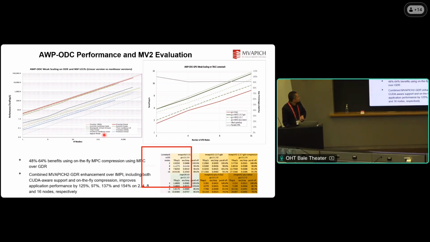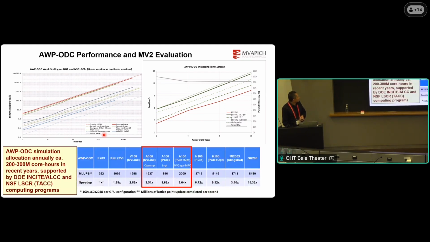We created a metric called MLUPS, millions of lattice updates per second, to measure the performance and efficiency of the code.